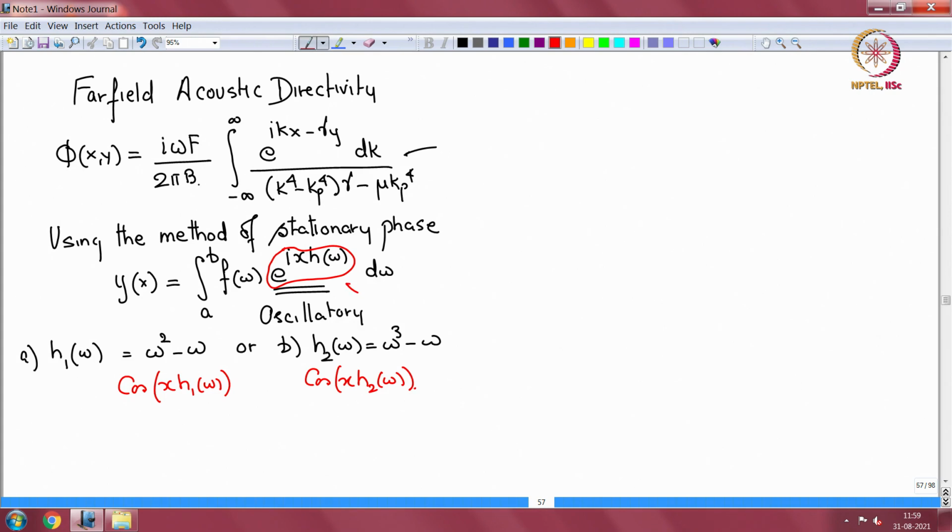Now these functions h1 omega and h2 omega, how do they look? h1 omega looks like this.